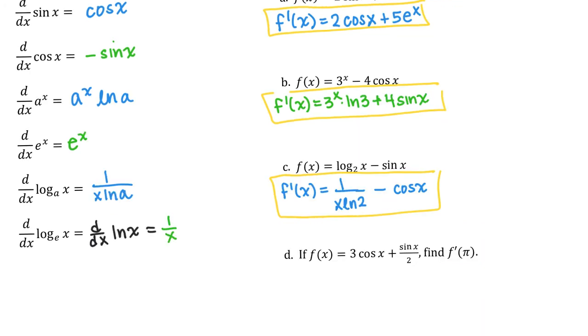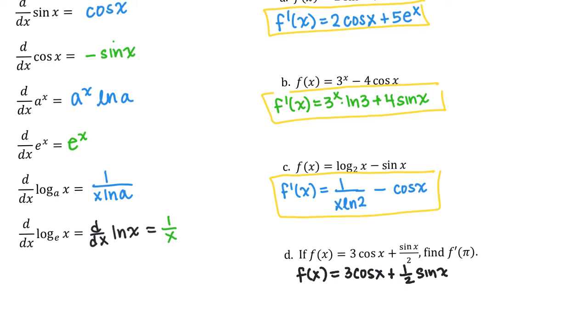Okay, for D, it says if f of x equals 3 cosine x plus sine x over 2, find f prime of pi. So I'm going to find the derivative again. I'm going to rewrite this a little bit, just because I'm going to make this 1/2 sine x, so it's more obvious that 1/2 is the coefficient.